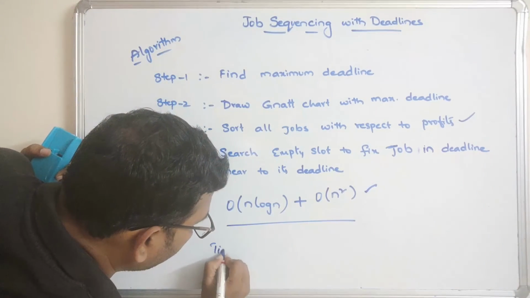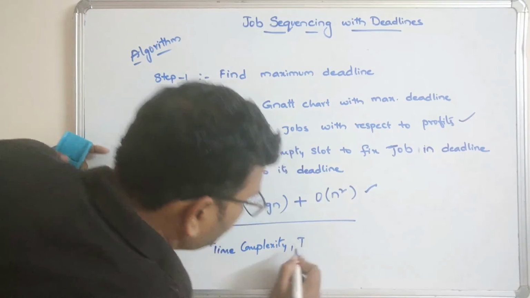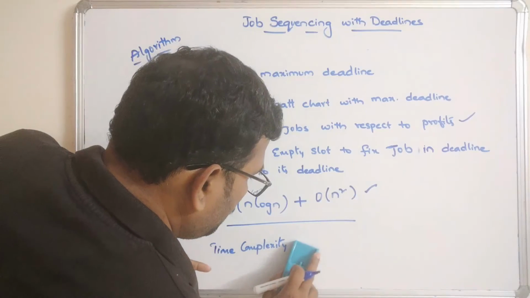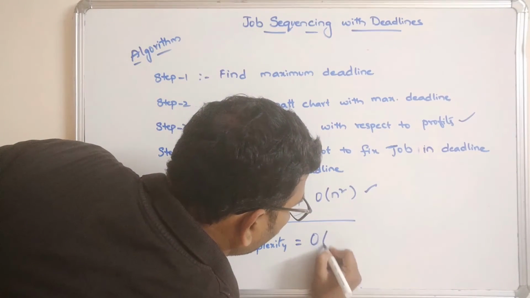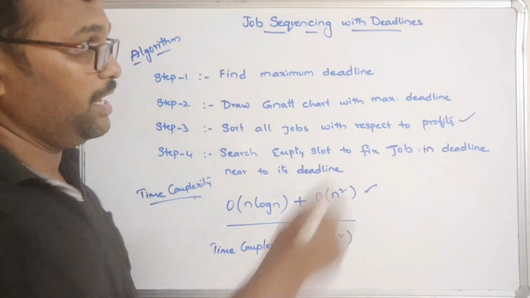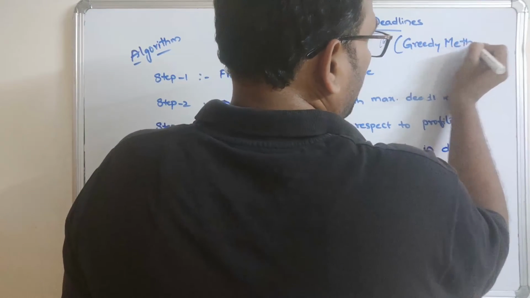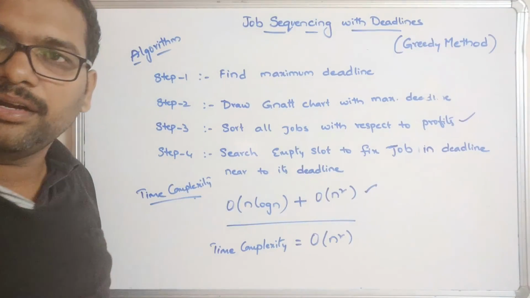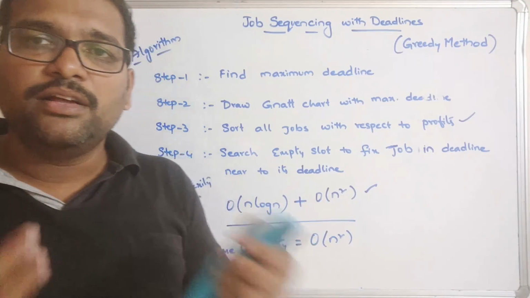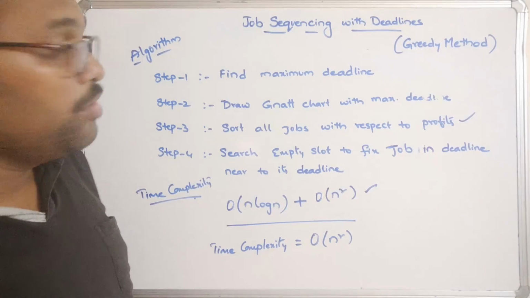So the time complexity is order of n square for this job sequencing with deadlines, and we have followed the greedy method. So that means finding or getting the feasible solutions, and from that feasible solutions we are selecting the optimal or best solution, right? So let's stop here.